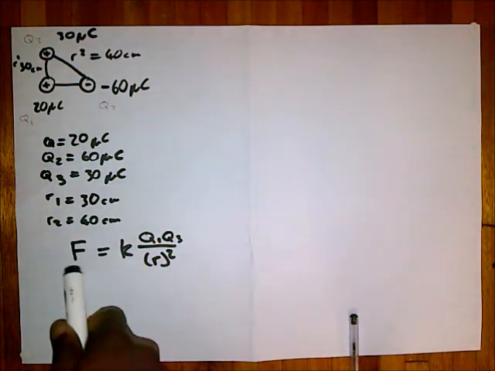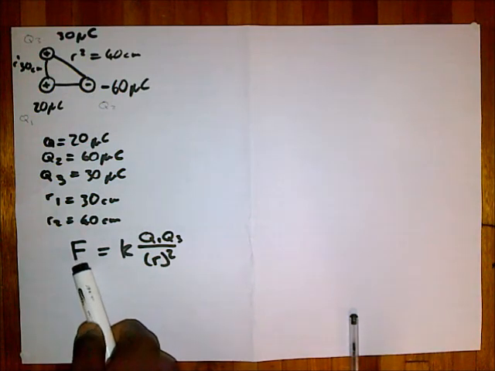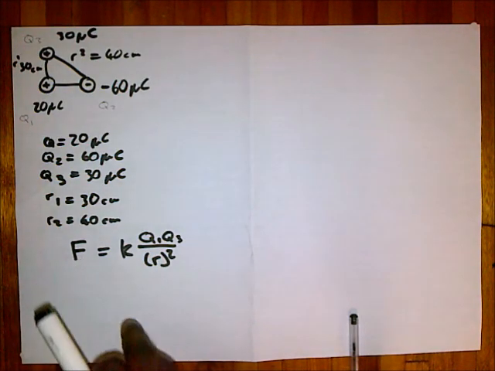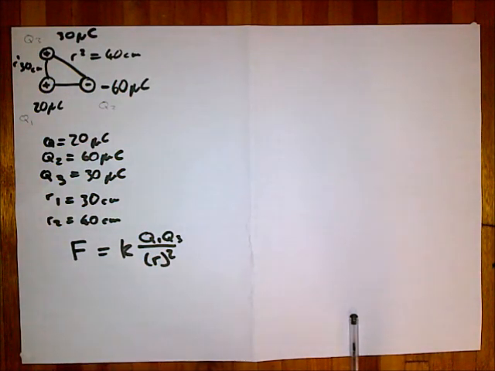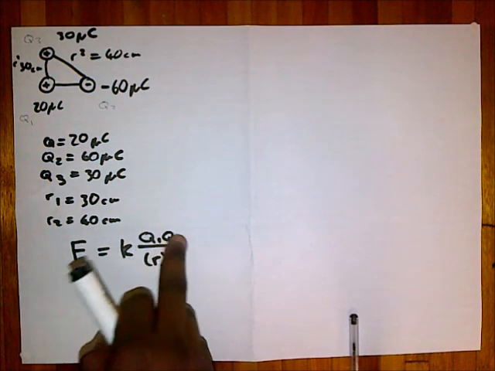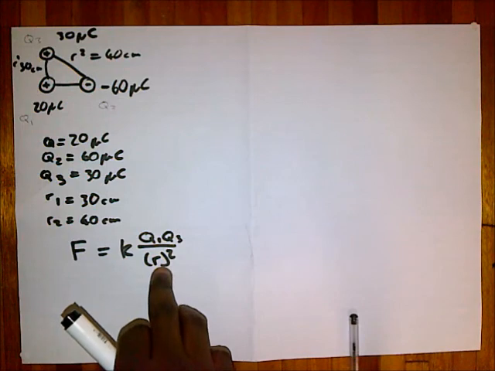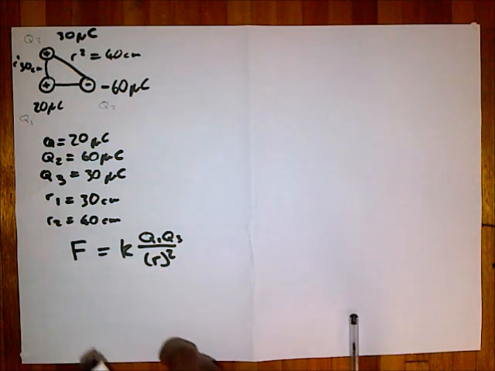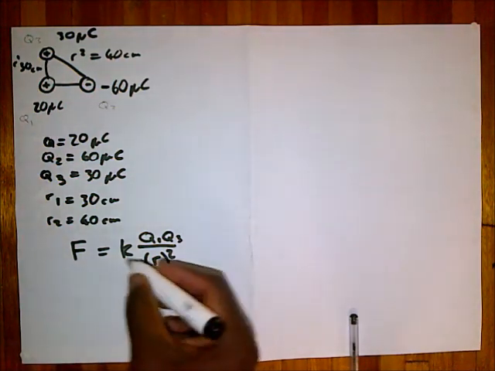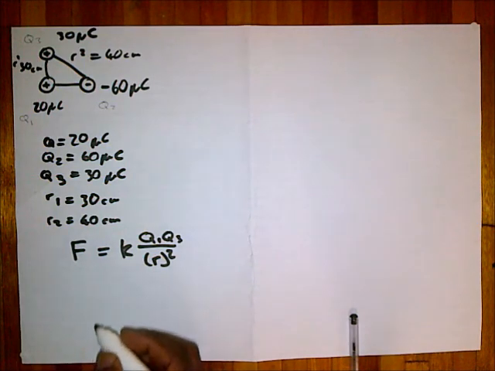So here we see that force F is the force between two point-like charges Q1 and Q3, and R is the distance between the points. Then we have K as Coulomb's constant.